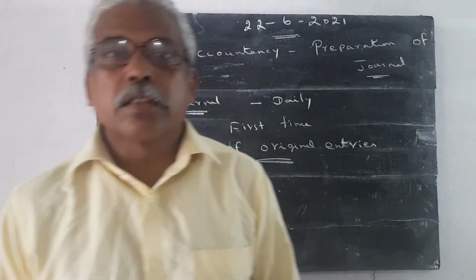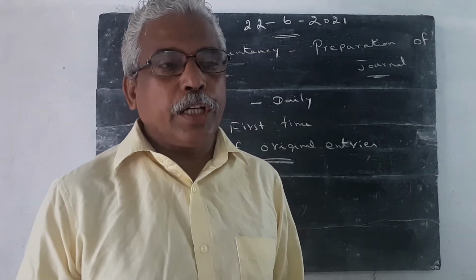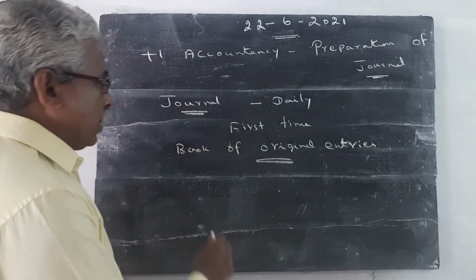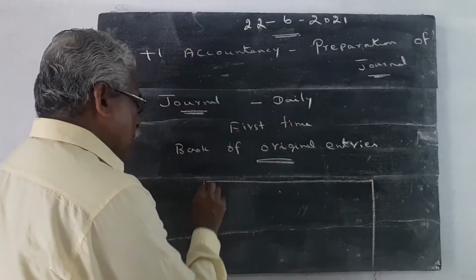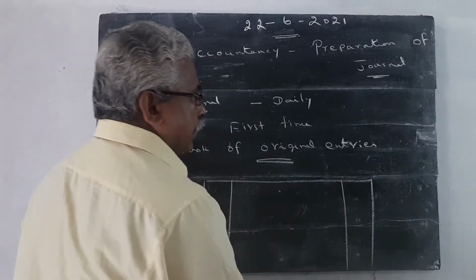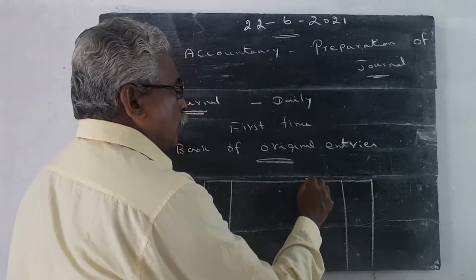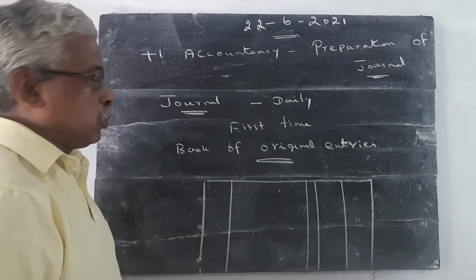Dear students, please buy one accounting notebook. You can buy one accounting notebook in the shop and study these questions. The accountancy book contains these columns in printed form. So please watch these columns and buy one accountancy notebook.